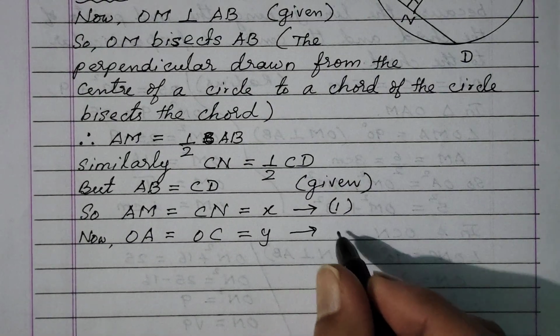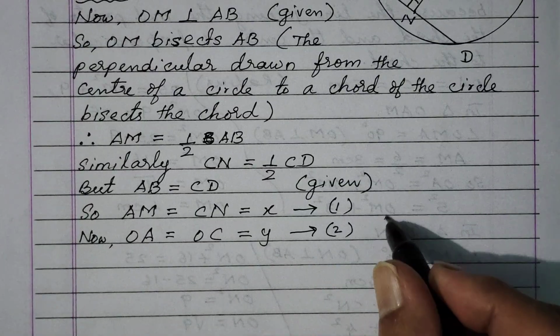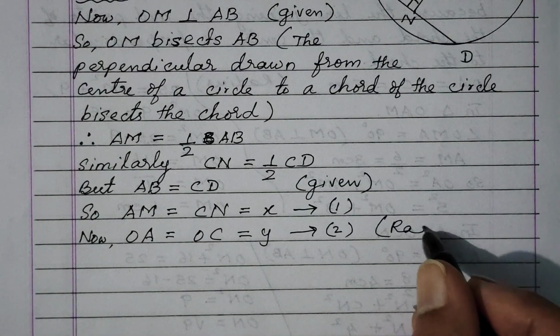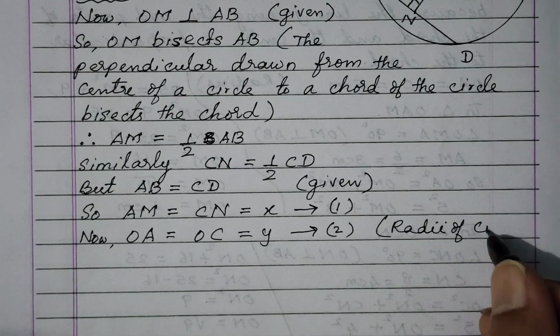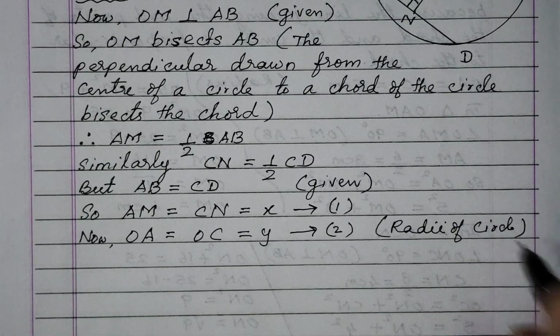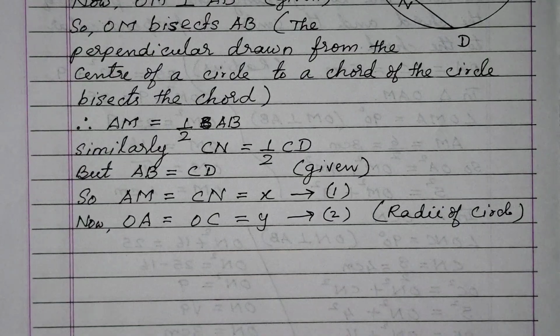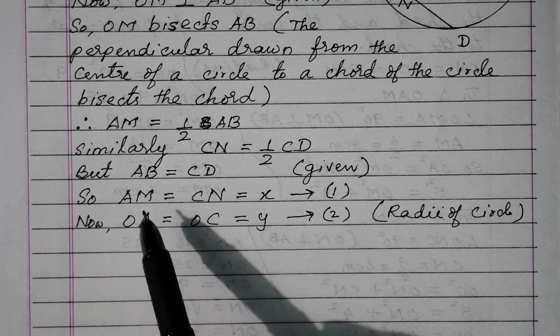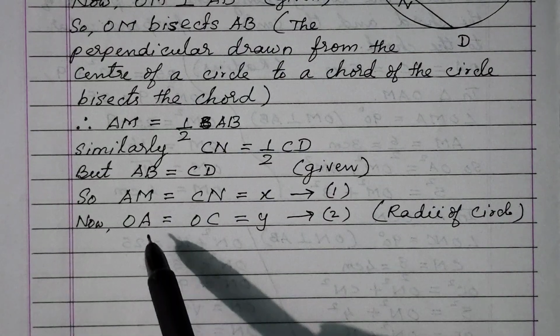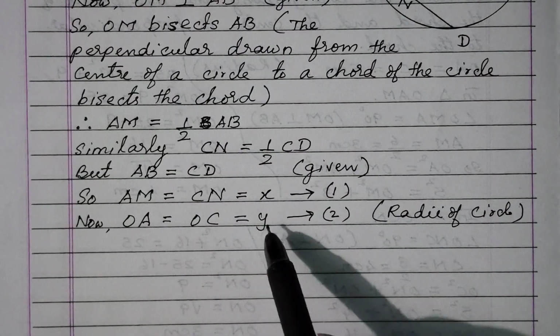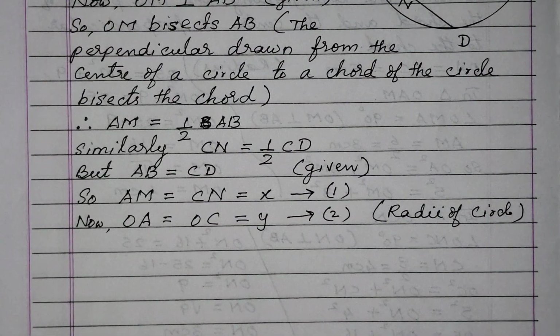This statement is statement number 2. So here we have got two statements. AM equal to CN equal to X, statement 1. OA equal to OC equal to Y, statement 2.